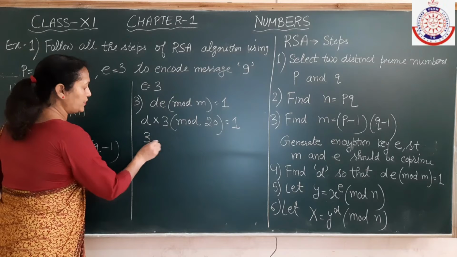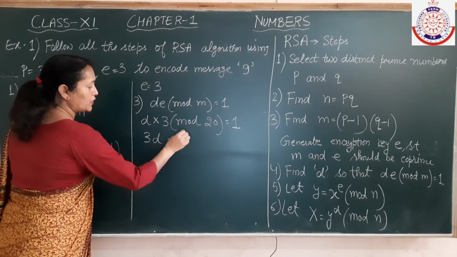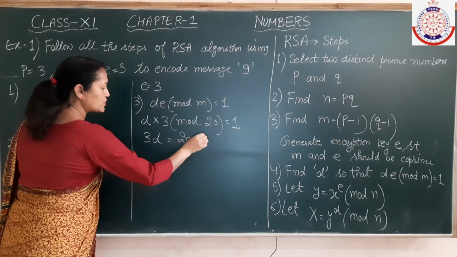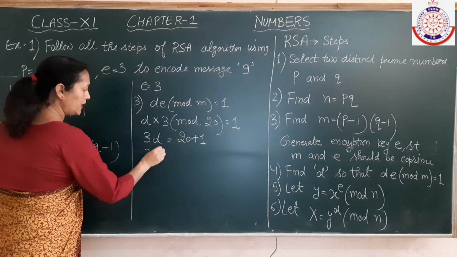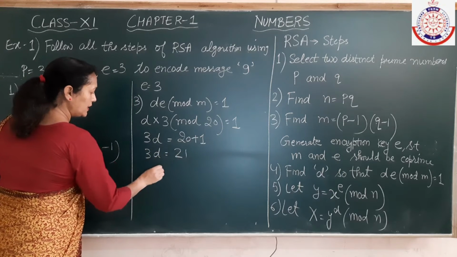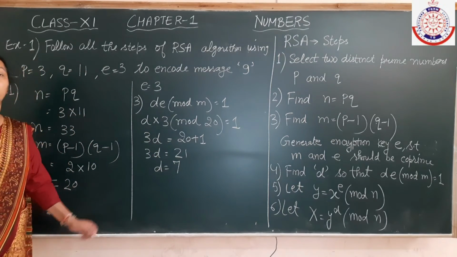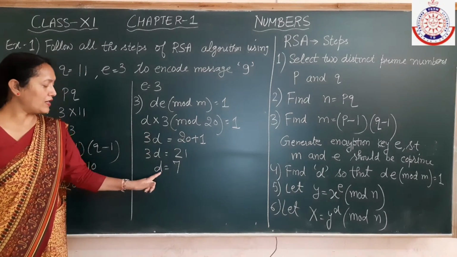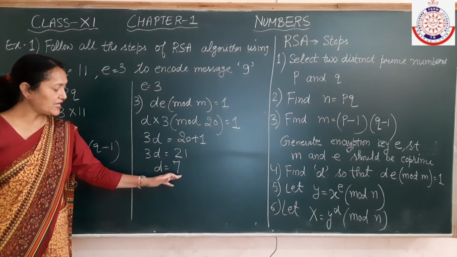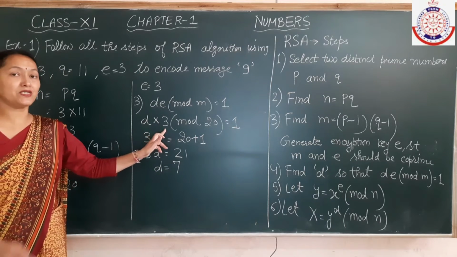For this, what can we do? 3D equals 20 plus 1, so 3D equals 21. So D comes out to be 7. You can cross check. We got D as 7. So 7 into 3 is 21.